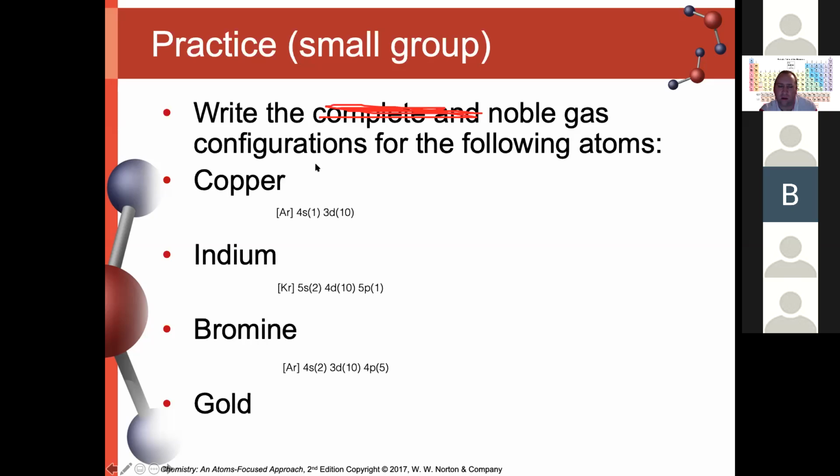But what I got was 48. I mean, what I got was 48 when I calculated the krypton with 5s2 and 4d10. Because krypton has 36, 5s2, that's 38, and then plus 10 is 48. It needs to have 49, right? Right, so that's where the 5p1 comes in. Okay, yeah, that gives you the 49th.